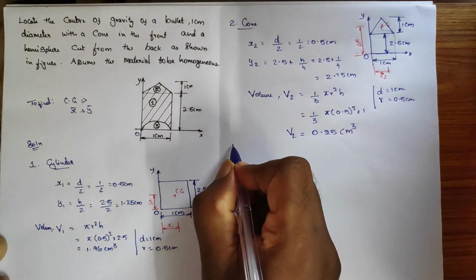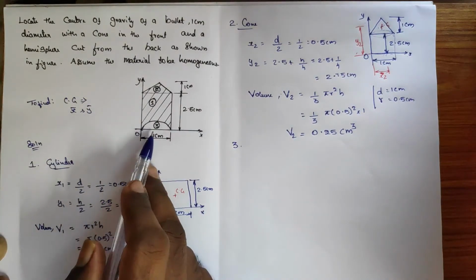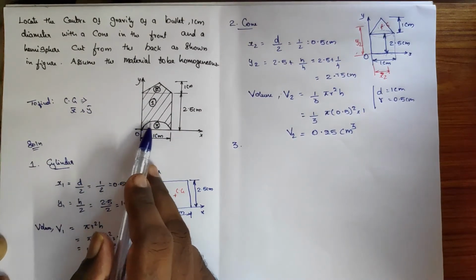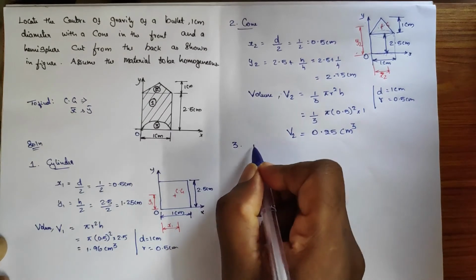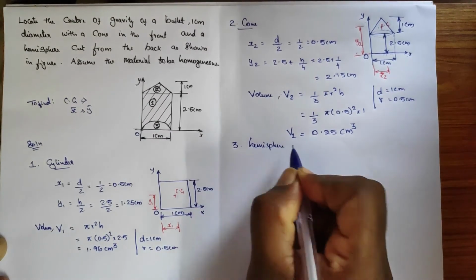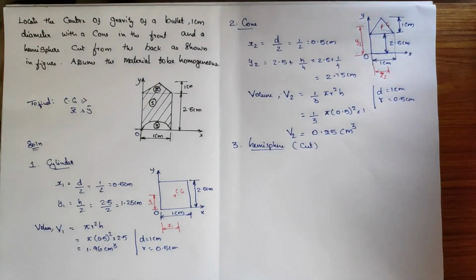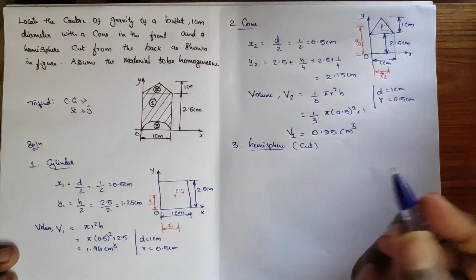Now put it for that component. What's that component? Which is a cut. Okay, hemisphere cut, and it is cut. It's not our part, it's a removed section, right?